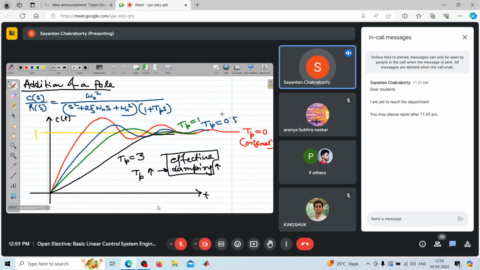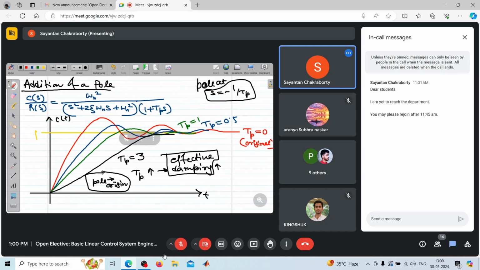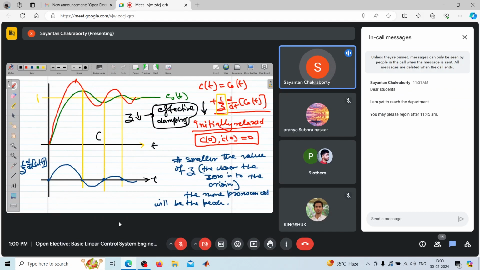Here also Tp increasing means the pole tends to the origin, and Z decreasing means the zero tends to the origin.